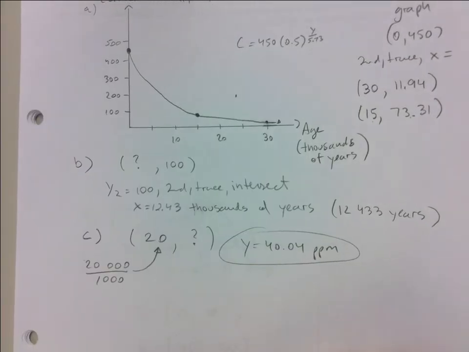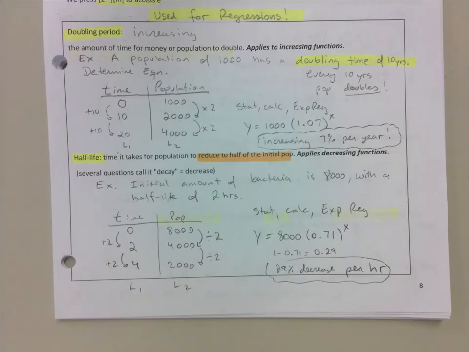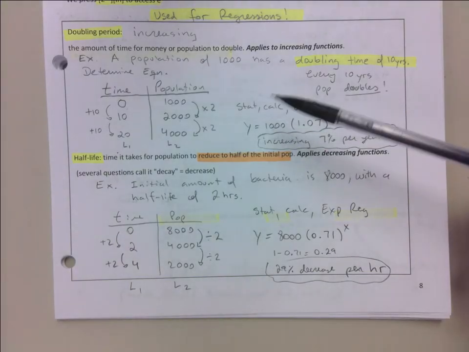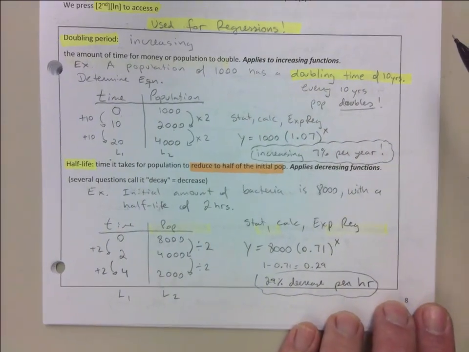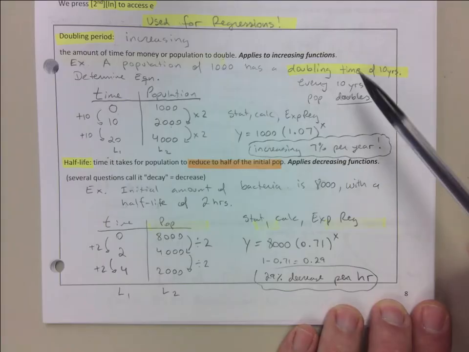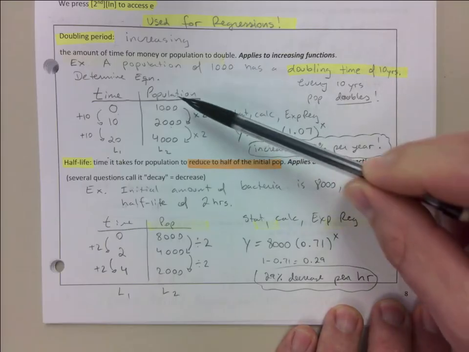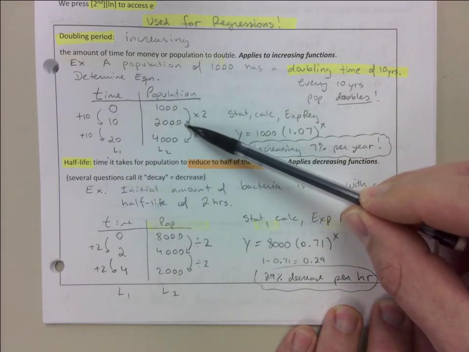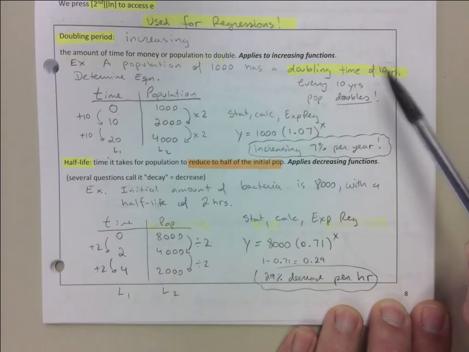I'm going to stop here. If there's a doubling time situation, if the doubling time is 10 years, let's say, then your population doubles at that rate, every 10 years.